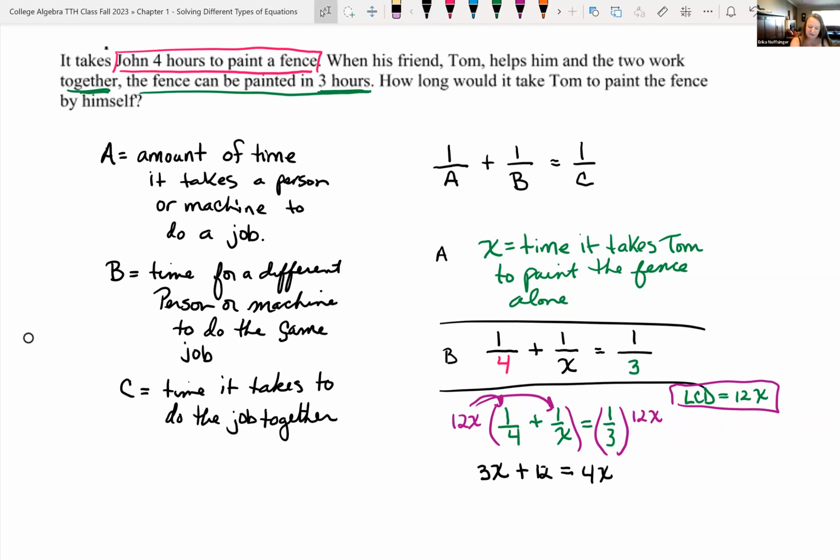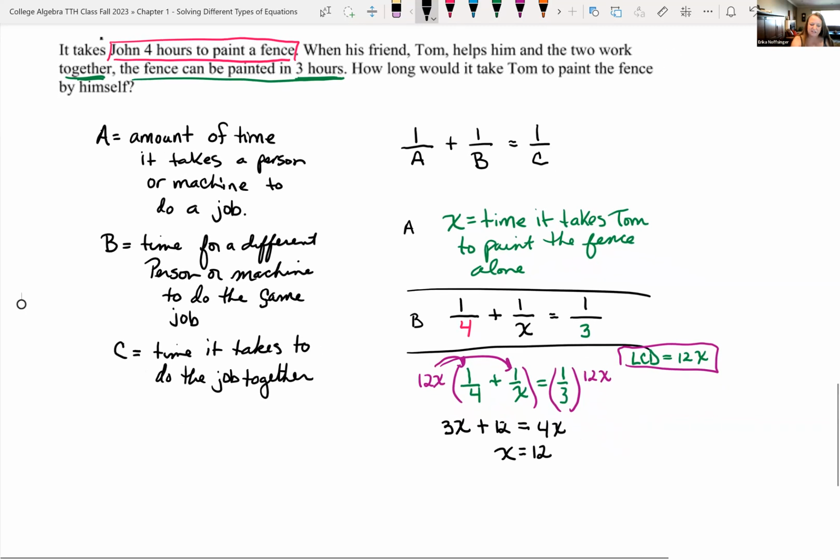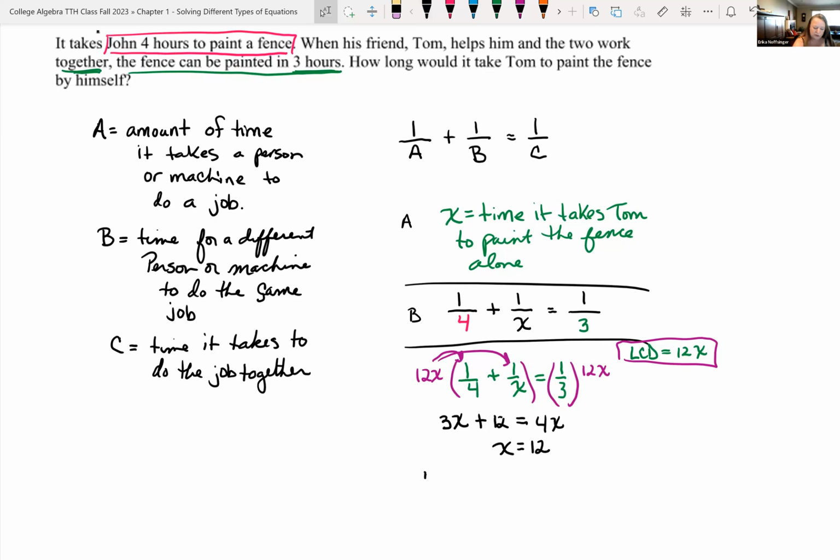If I subtract 3x on both sides of my equation, 4x minus 3x is 1x, or just x, is equal to 12. We had chosen x to be the time it takes Tom to do the job alone. And so it will take Tom 12 hours to paint the fence by himself.